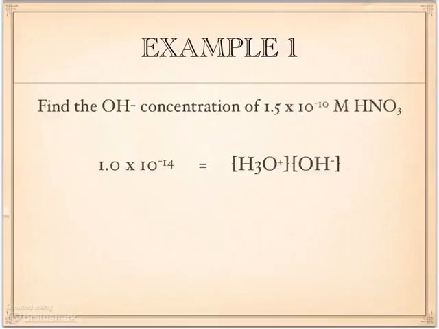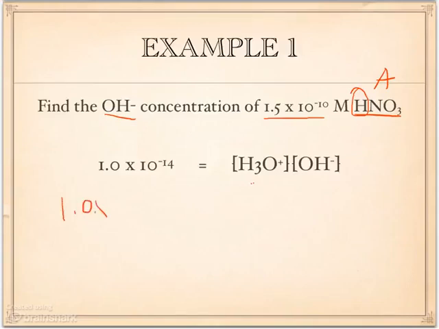So here's one of the examples of that, where you're looking for OH minus concentration, and you have 1.5 times 10 to the negative 10 molar HNO3, which if you look at this, you determine that this is an acid, because it has an H in front of it. And so, because it's an acid, it's going to give up an H. So it's going to form your H3O plus here.